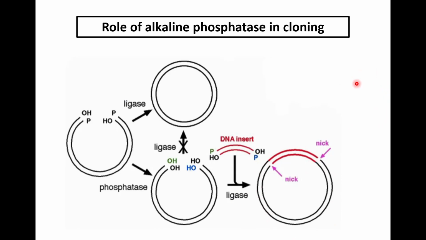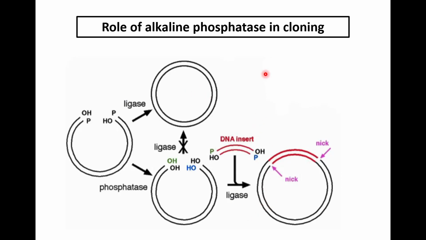The bacteria has the machinery to refill these nicks, a particular machinery known as nick translation, where they refill these nicks and make it a complete circularized supercoiled plasmid. Okay, so if you use this strategy, then you are avoiding the self ligation of your vector, and you can get true colonies instead of false positive colonies.